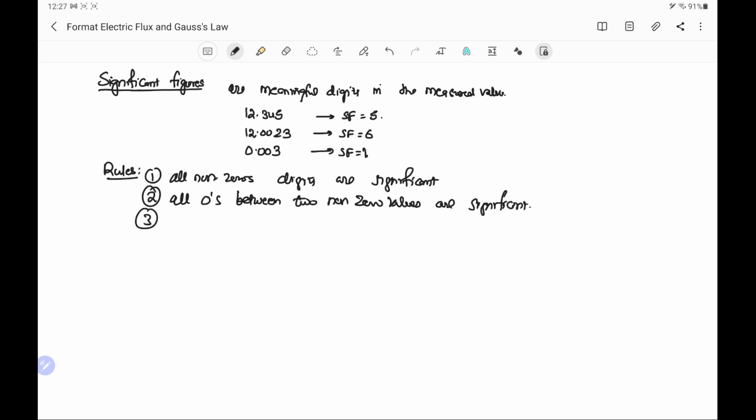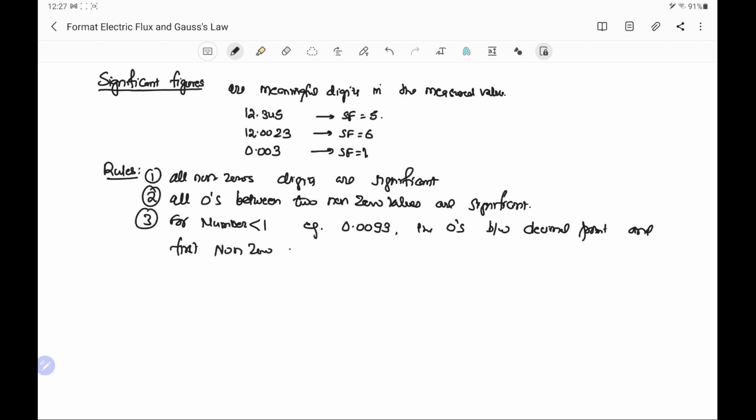Number three, for numbers which are less than 1, for example, 0.0093, the zeros between the decimal point and the first non-zero digit are insignificant.